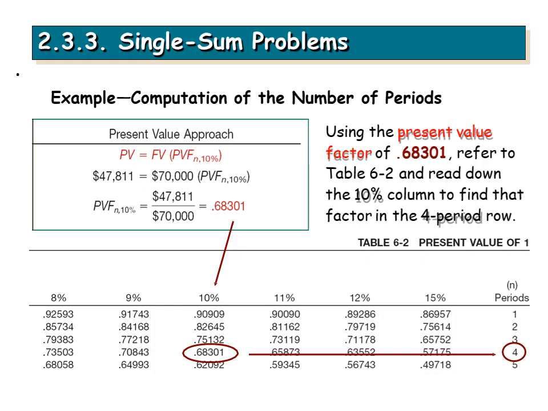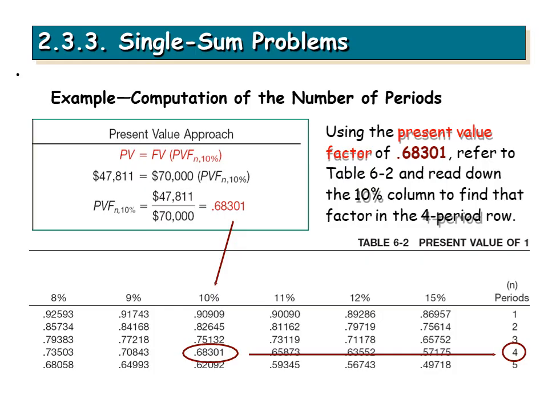So we can calculate our years or periods in these ways: the direct formula way, or the factor approach, that is the present value approach as well as the future value approach.